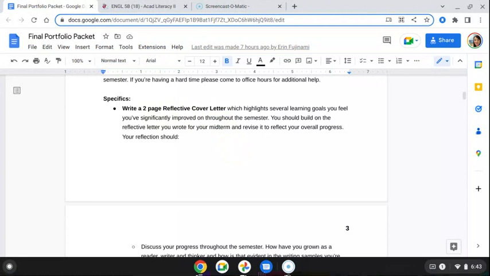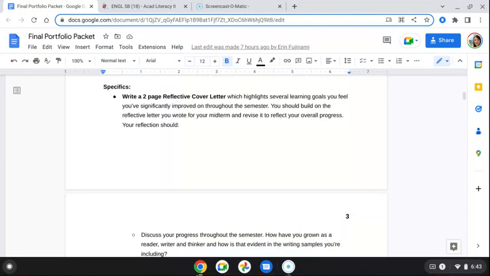You might be choosing some of the same skills that you looked at in your midterm portfolio, but now I would also like to see some new and different skills that we looked at in the second half of the semester, right? So that's the first part that you need to revise. So that cover letter now needs to talk about your progress over the whole semester.